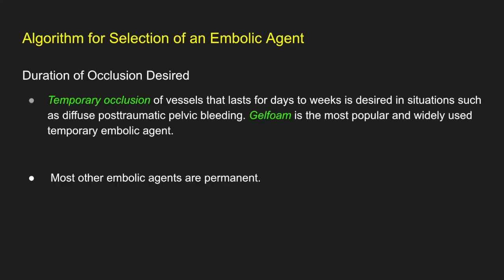Now, duration of occlusion: if you want to embolize but want that artery to recanalize in the future, in a temporary embolization, most of the time we usually use gelfoam, but the other agents, most of them are permanent.